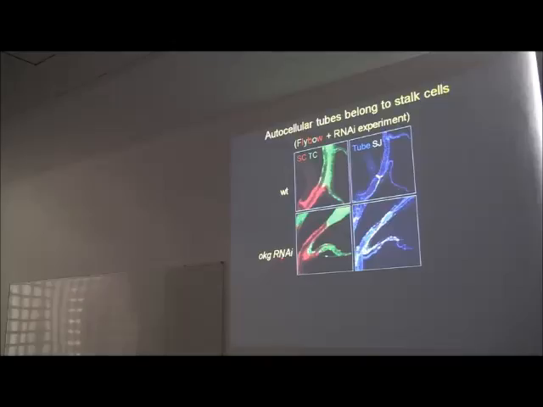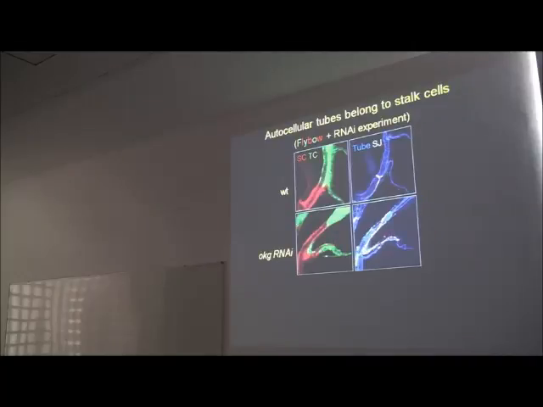And here we're looking in VHA's mutant background, specifically mutant in the terminal cell. And what you see is that the neighboring wild-type stalk cell is sticking into the mutant green cell. So you can see the red membrane penetrating into that green cell.